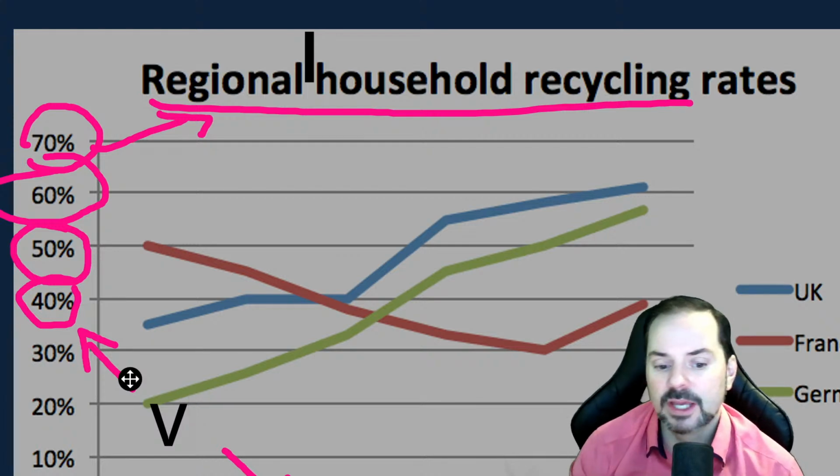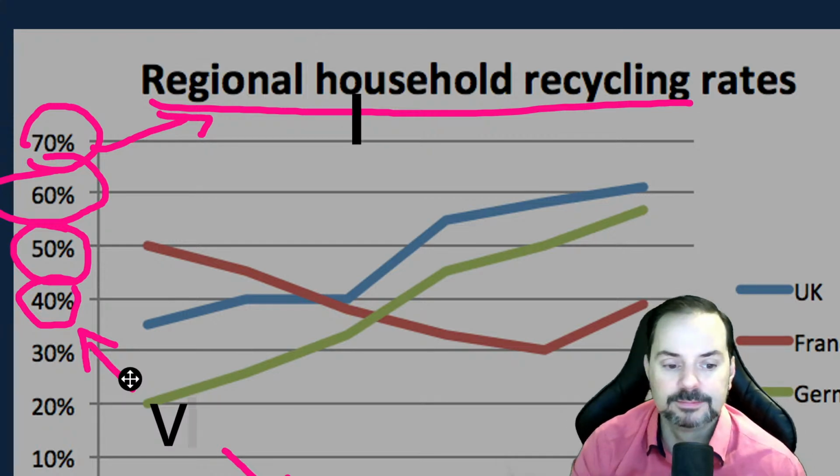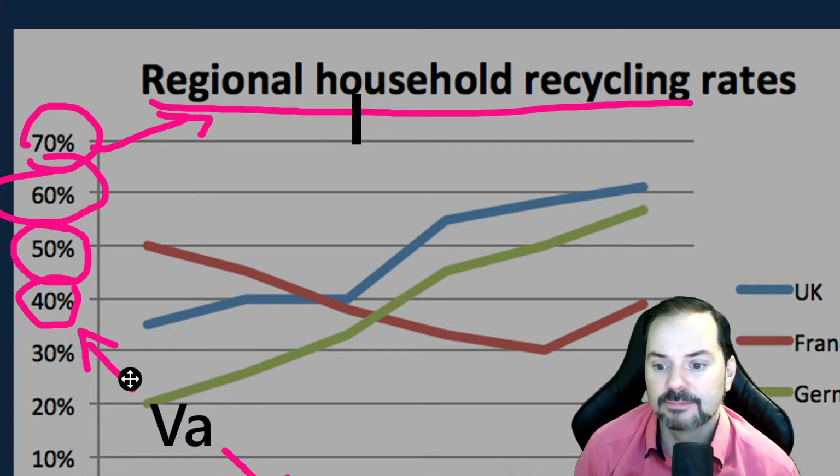It's not the correlation. We're not there yet, Joao. So what do we call those years and what do we call those regional household recycling rates? It starts with a V, the word that I'm looking for. The next letter there is an A.